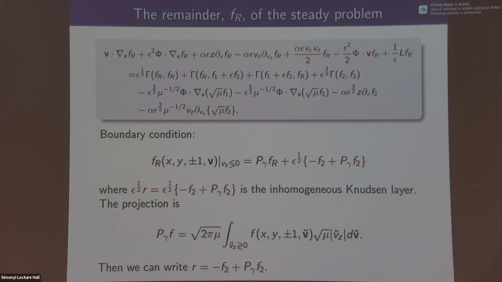And then the boundary condition for the remainder is this diffuse boundary condition. FR X Y plus minus 1 V, and P gamma is the projection into the diffuse part, but then you also have these extra terms. This is a power epsilon to 1/2, and then there's the projection away from the diffuse boundary, sort of.